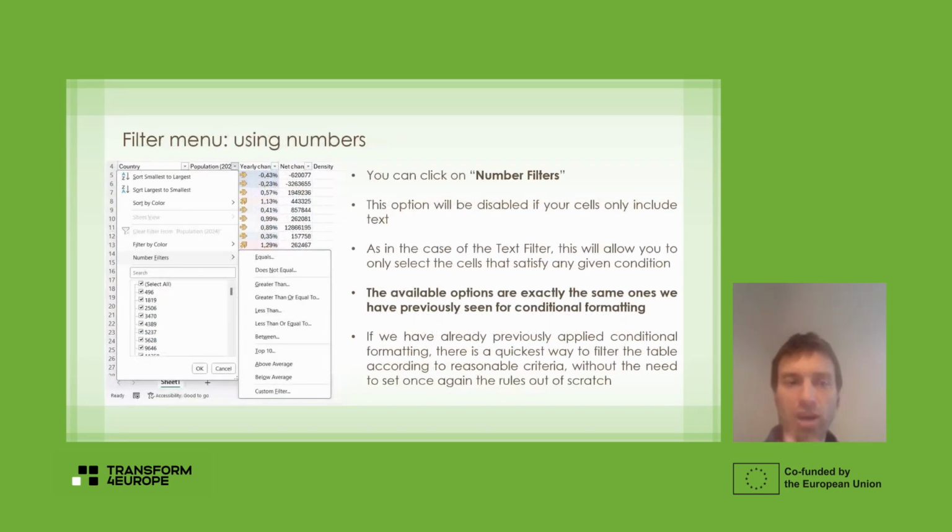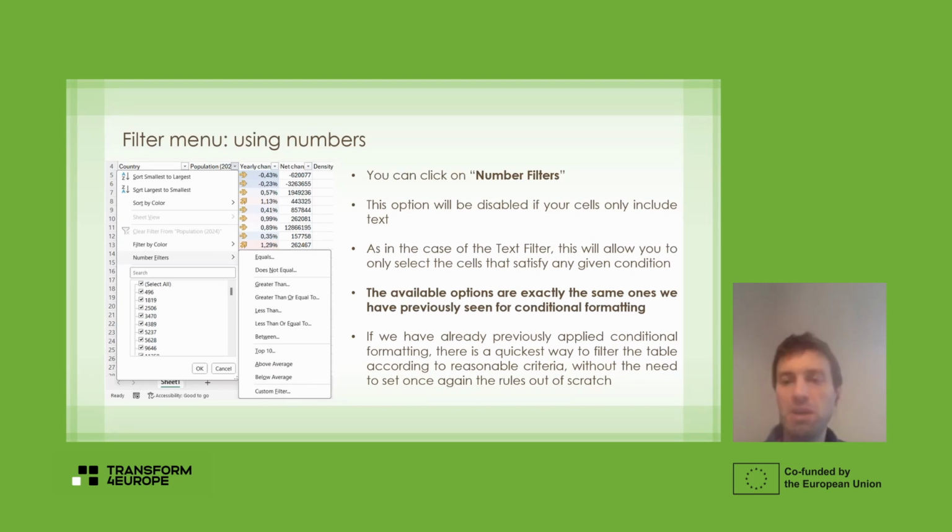So what happens whenever we have cells that include number data and not text data? Well, the options for filtering are very similar, of course, to the ones we have previously used for conditional formatting. You have the opportunity to filter all the cells that include a value equal to a given number, higher than a given number, lower than a given number, included in a given range, and so on.